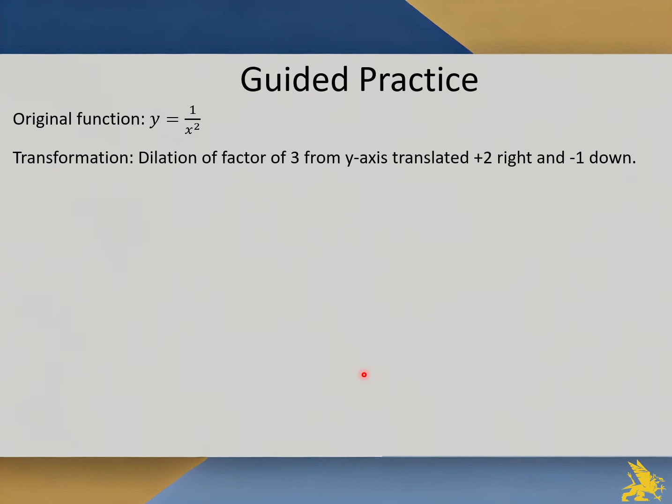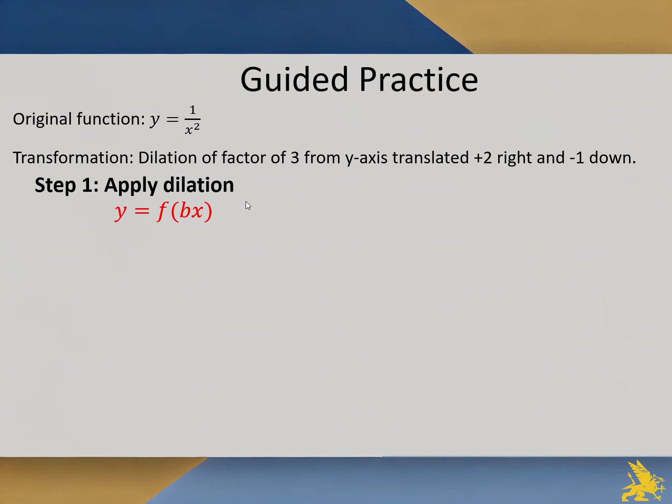Again, we've got a basic function here, y is equal to 1 over x squared. We're going to look at a dilation of factor of 3 from the y-axis first, and then translate it 2 right and 1 down. If we think about that dilation from the y-axis, it means that it is pushing away from that axis, so the x value is going to change.